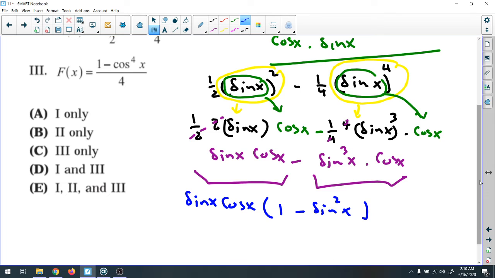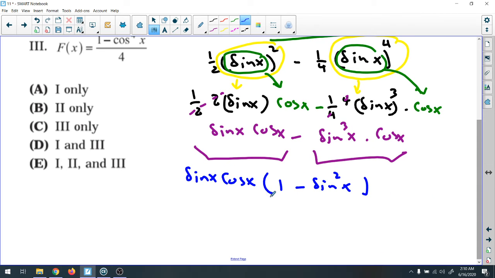If you review the trig identities, we know that we can substitute 1 minus sine squared x with cosine squared x. And here we have sine x cosine x.